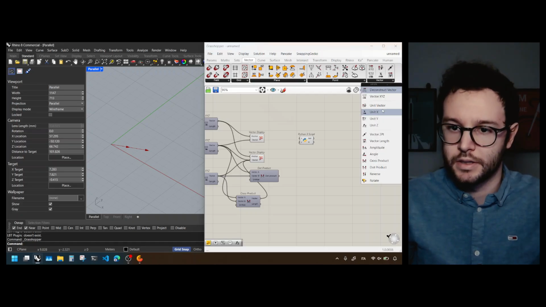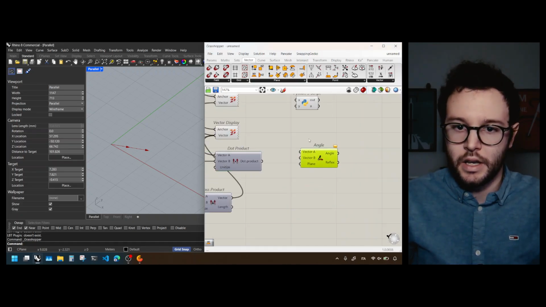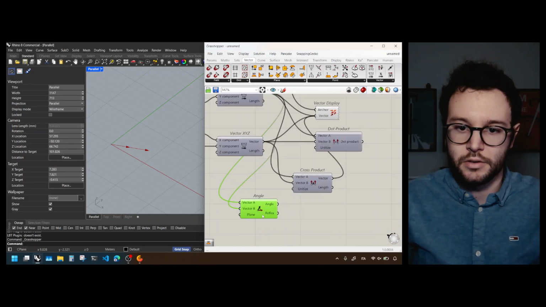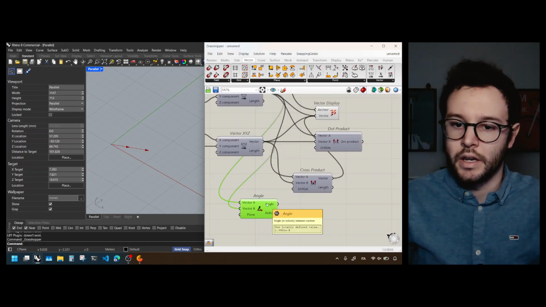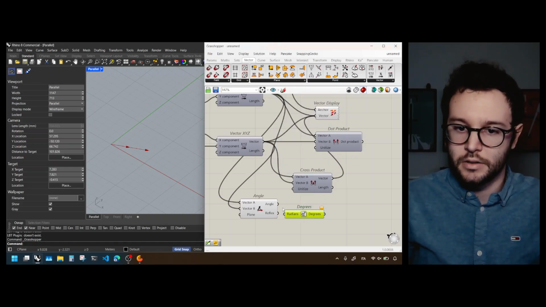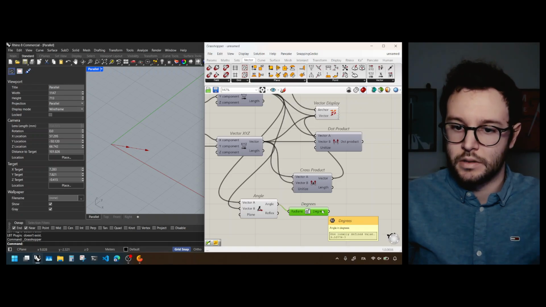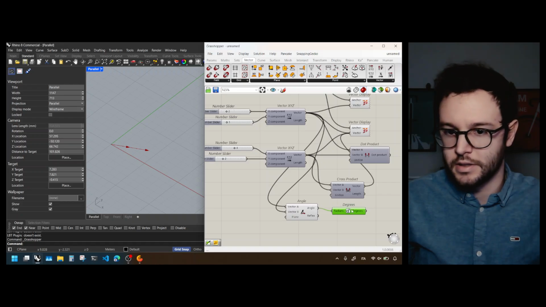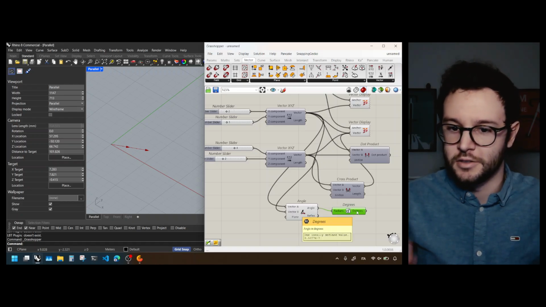So let's just take angle, and then we get two vectors. Let's use the same two vectors we have here, vector 1 and vector 2, and indeed we get the angle in radians, of course, so we can compute it in degrees as well. Actually, it's 0 at the moment, so it's 8 to the e of minus 7.